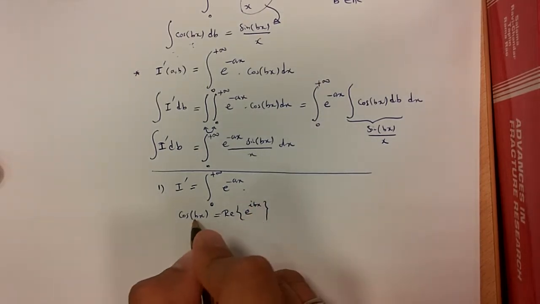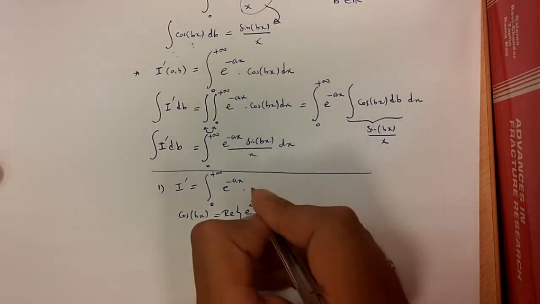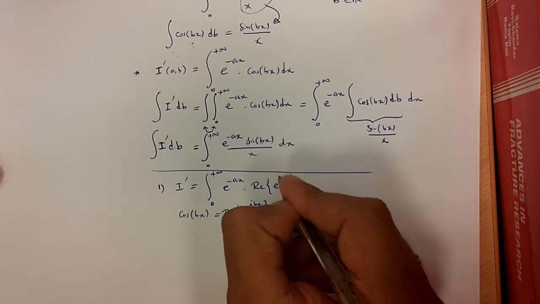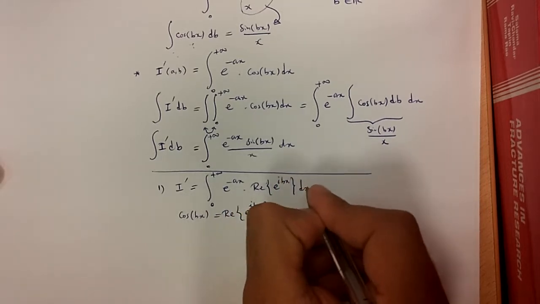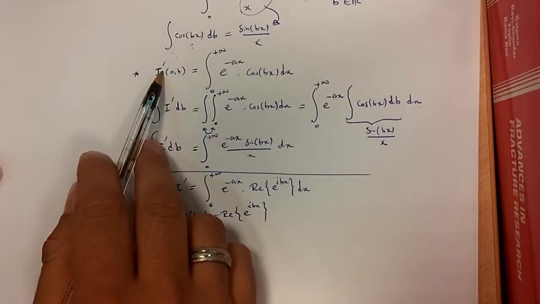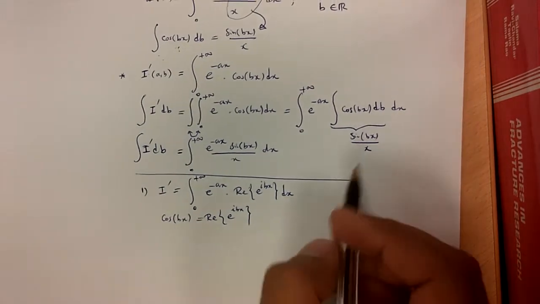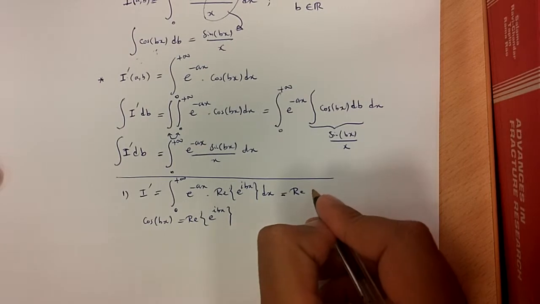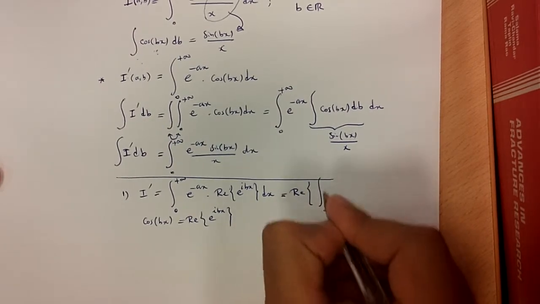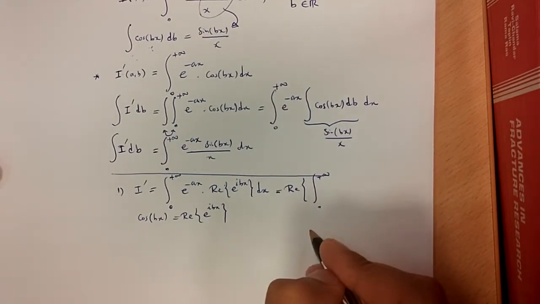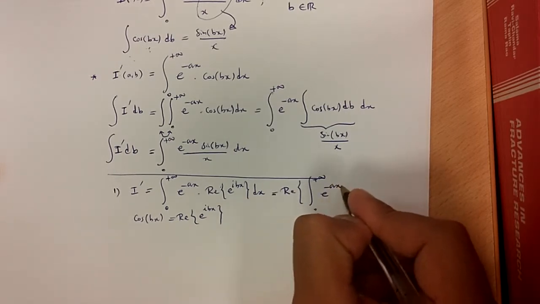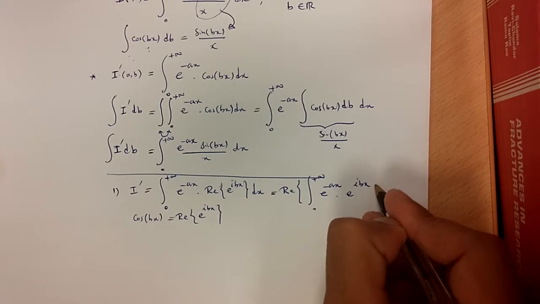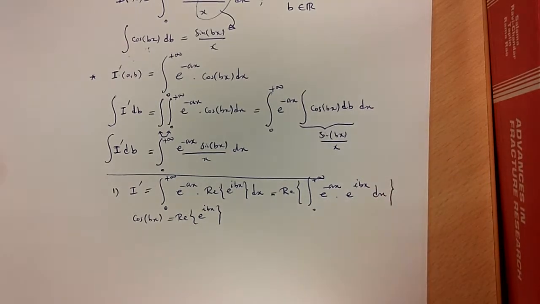So I prime will be the real part of the integral from 0 to plus infinity of exponential of minus ax times exponential of i bx dx.